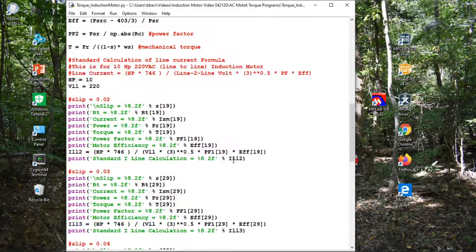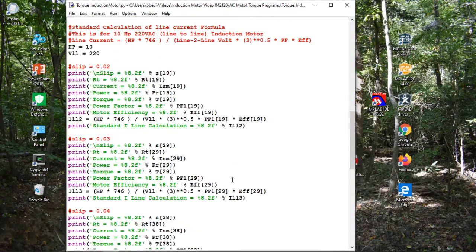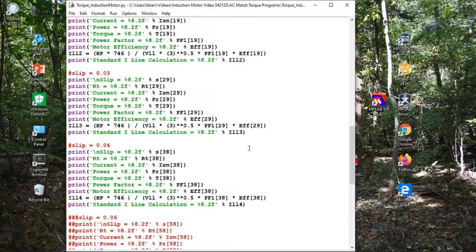And so in addition to our other calculations and plots, we actually go through and calculate that. Use this standard calculation for the full load current to see how close it comes to these other calculations, okay?